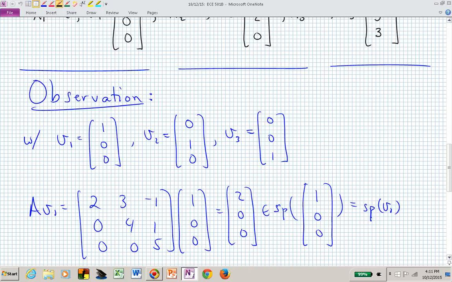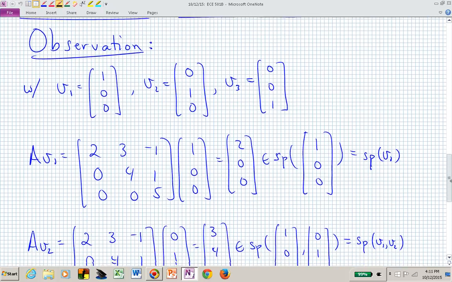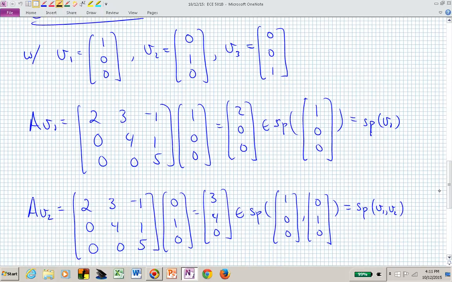So we are an element of the span of the x-axis, or we're in the span of V1. If we start in V1, we stay in V1. What about V sub 2?